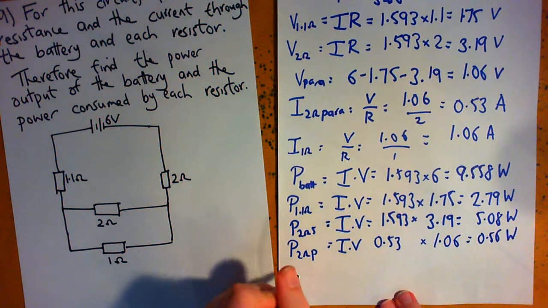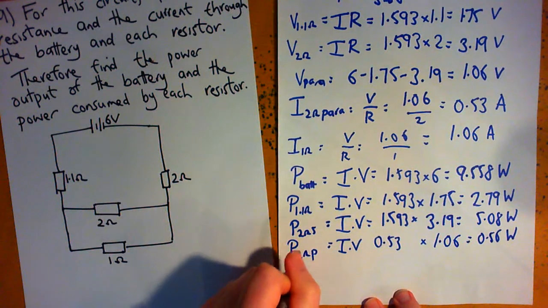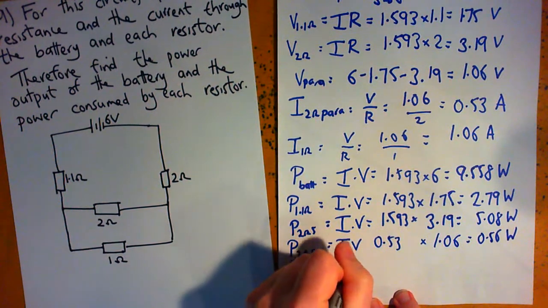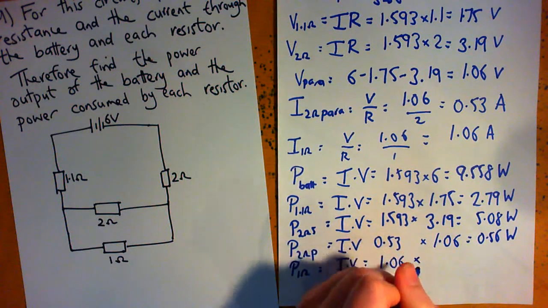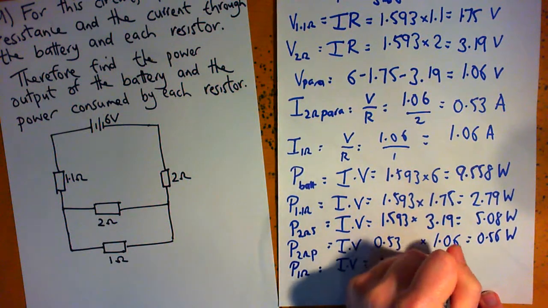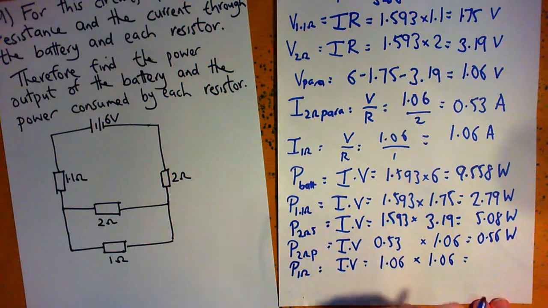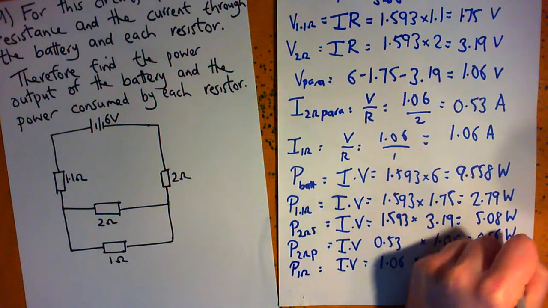Now we've got one remaining resistor, the 1 ohm resistor. I times V is 1.06 multiplied by 1.06, and that gives us 1.12 watts.